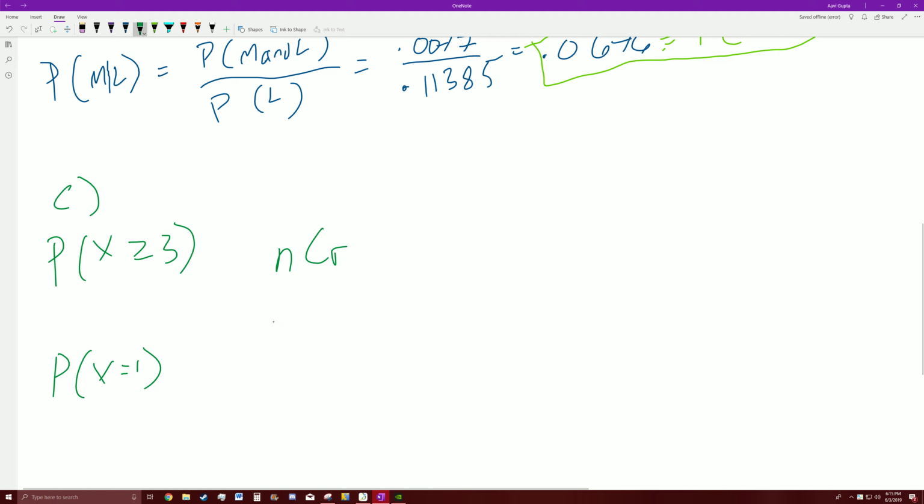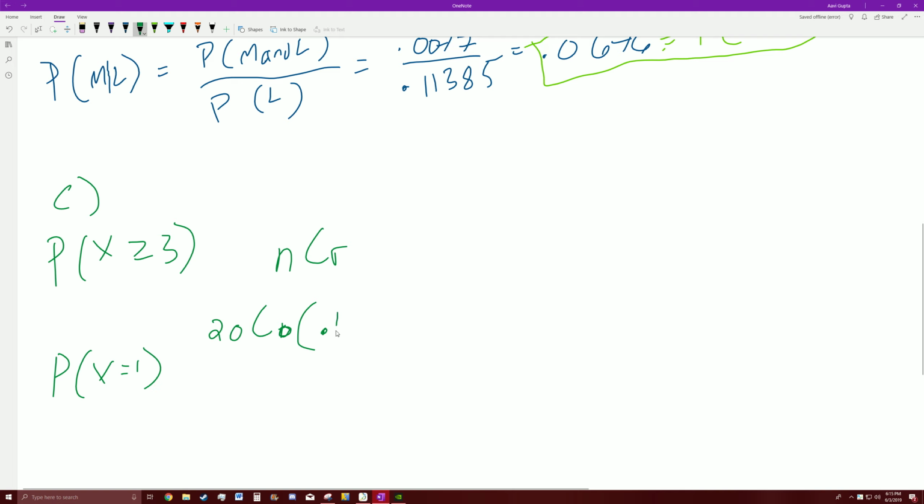I'm basically just going to do 20 choose 0 first, because it's technically 0, 1, 2, not 1, 2, 3. That's how it's supposed to be.